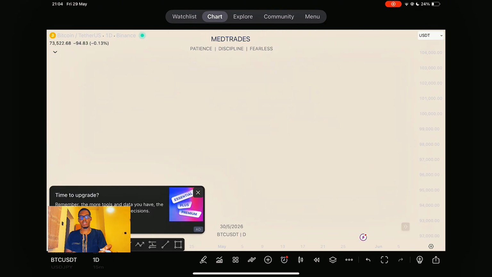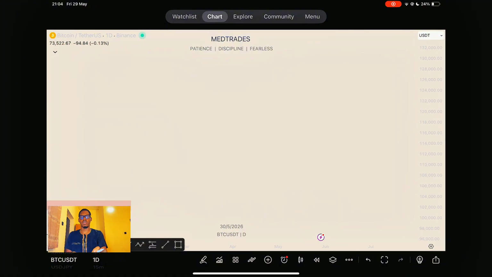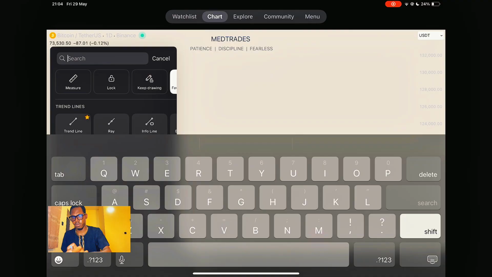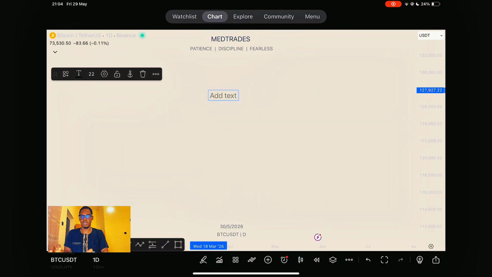So now let's go through the steps in identifying a good key level. Okay, so these are the steps in identifying a good key level. Let me write it down so that you guys will note it.